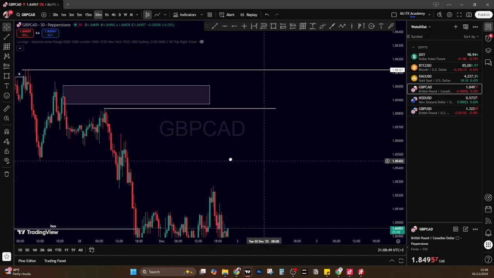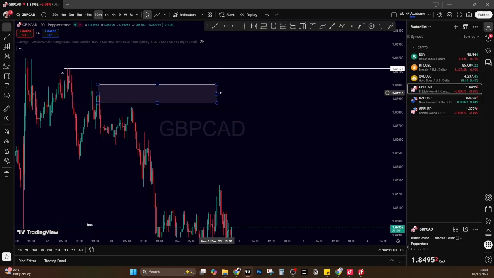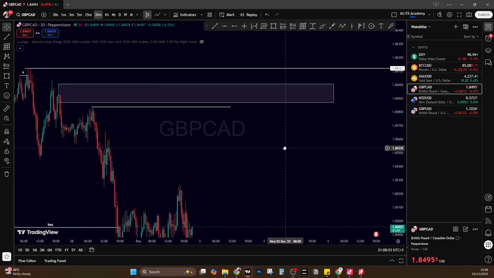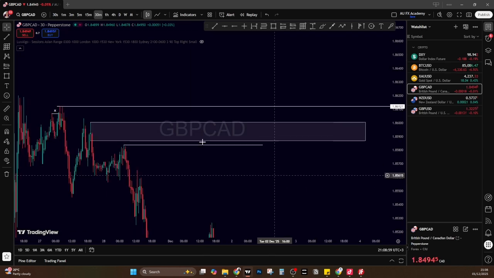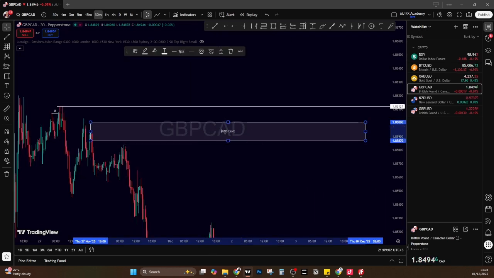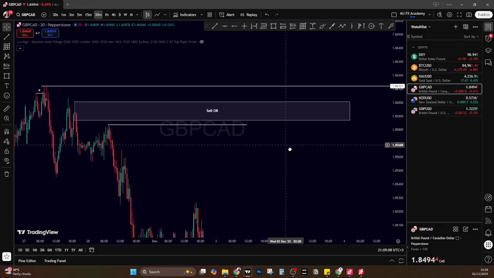This swing high becomes our inducement or our liquidity. This is what will push the market to come up here before coming down. So this is where I have to wait for this sell.